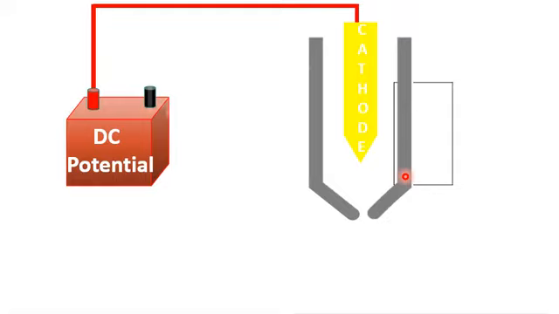Please note that the nozzle is connected with the positive terminal of the direct current potential source. So the nozzle acts as the anode, whereas the cathode is present inside the nozzle at a small distance, and it acts as the negative potential source.